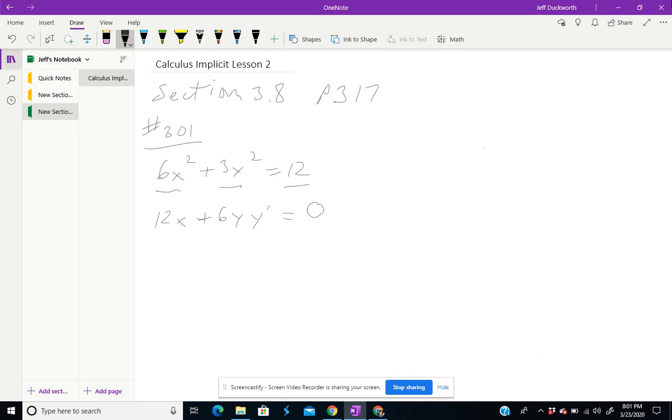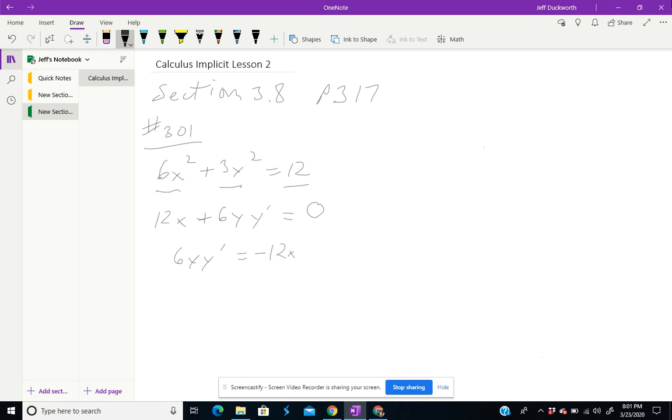So now we've taken the derivative, and we're going to use a little bit of algebra to move things around to get y prime by itself. So we're going to leave the 6y, y prime on the left, subtract 12x from each side, and then we do the division.